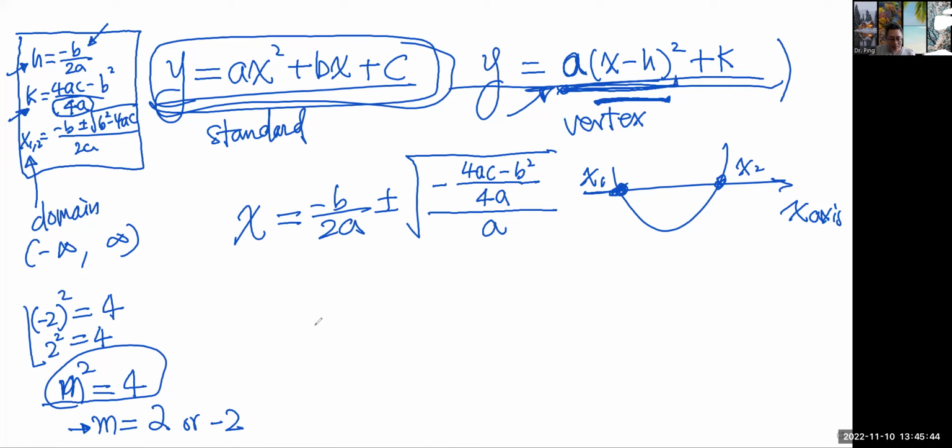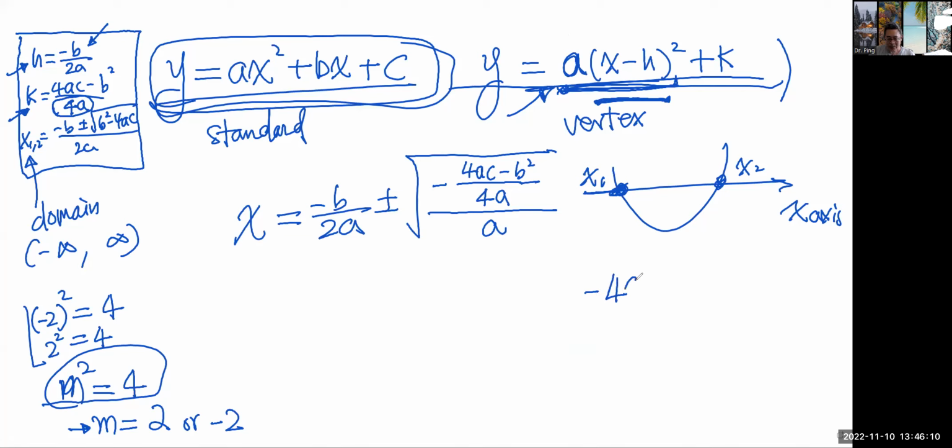You have to realize that sometimes, dividing by 4, we can write as multiplying by 1 over 4. So anything divided by a number, we can rewrite as multiplying by its reciprocal. Same thing we do with this. Okay, I'm going to work on the side just to show you that.